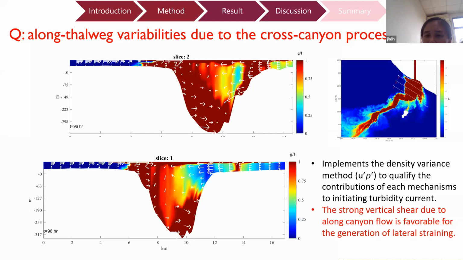But we still need to double check, if we totally turn off the Coriolis effect, whether the lateral flow would be much weaker, and by what order or percentage. I think that's a good question. We need to quantify it in more detail. So, next question.